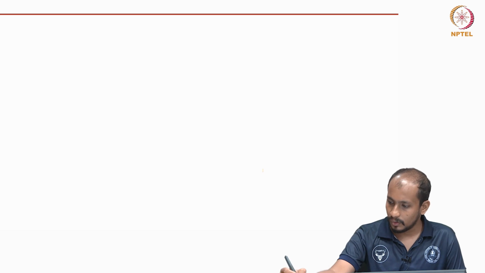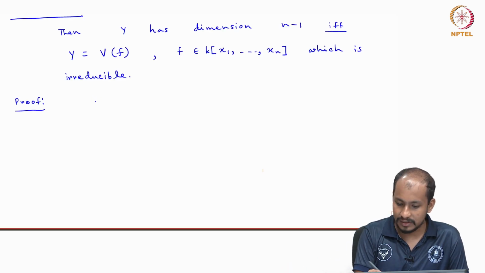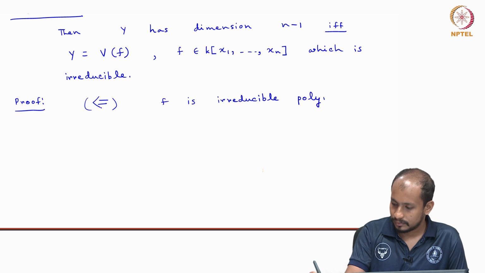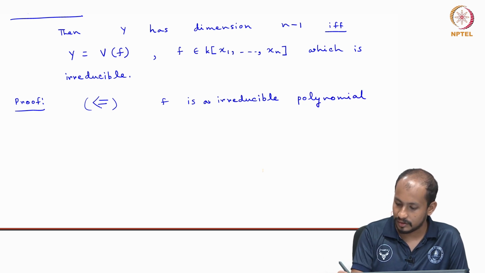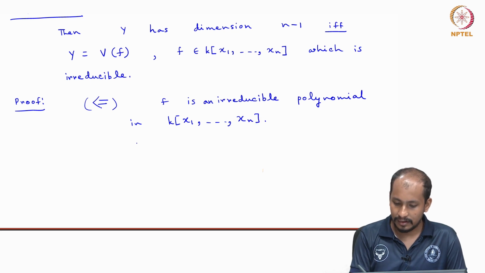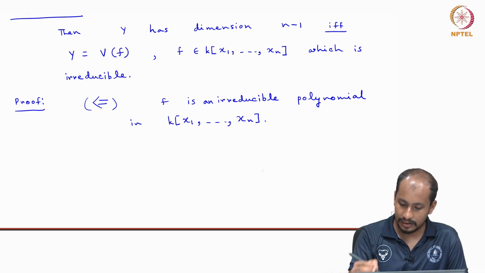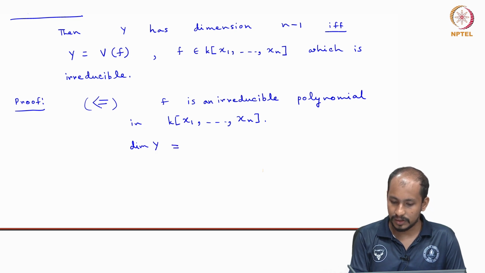Here, one side is easy: when f is an irreducible polynomial in k[x1, up to xn]. From the previous result we know that the dimension of Y is equal to the dimension of A(Y).